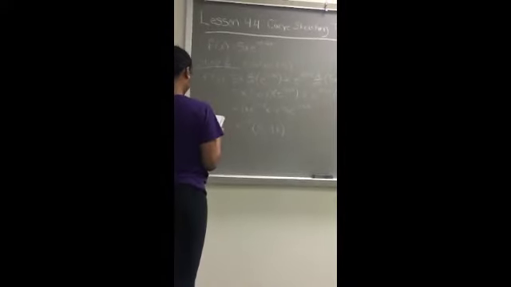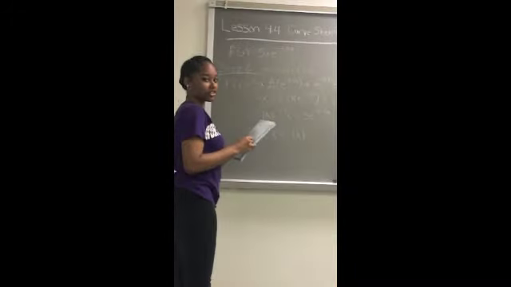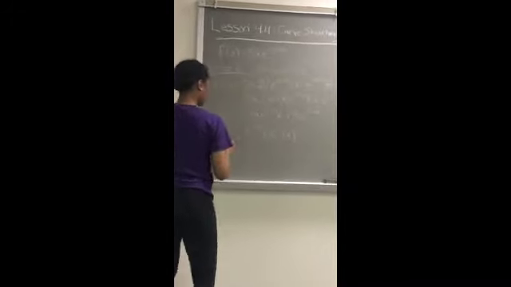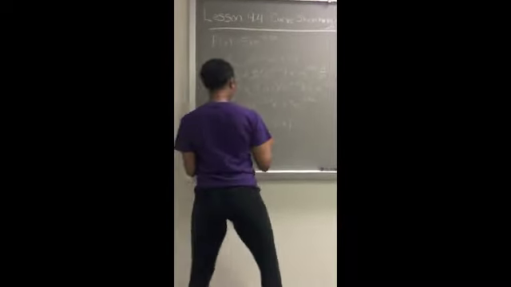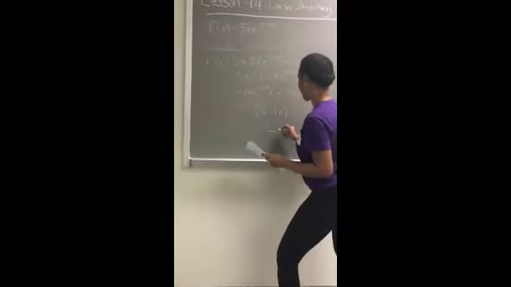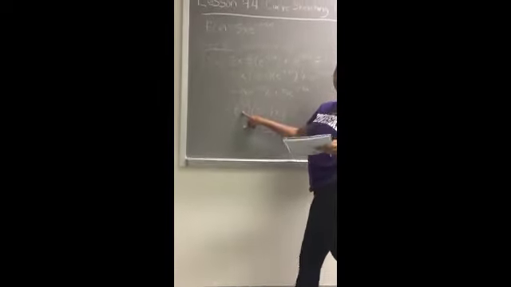Next, we are going to use the sign chart. Well, first, I lied. We're going to find the critical values. Like I said earlier in the video, e to the negative 0.2x can never be 0.